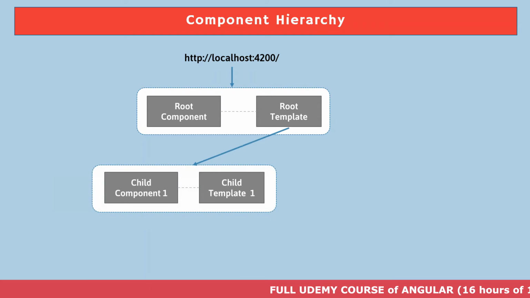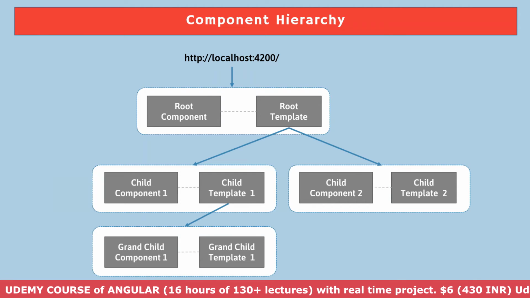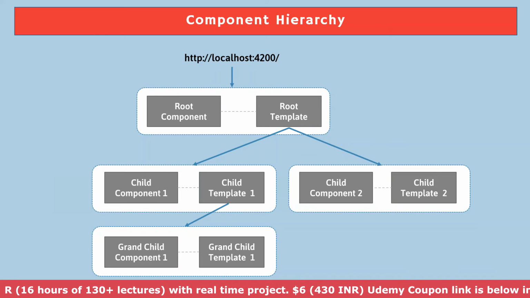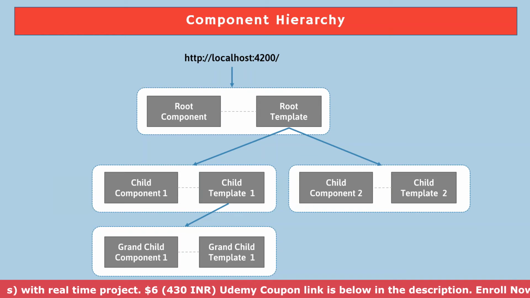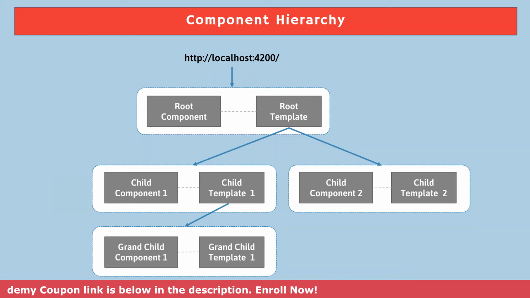The app component can invoke one or more other components. Each child component can invoke some other components and so on. Thus, a component hierarchy will be formed up at runtime depending on which component invokes which other component. These components can share the data towards up or towards down in the component hierarchy.